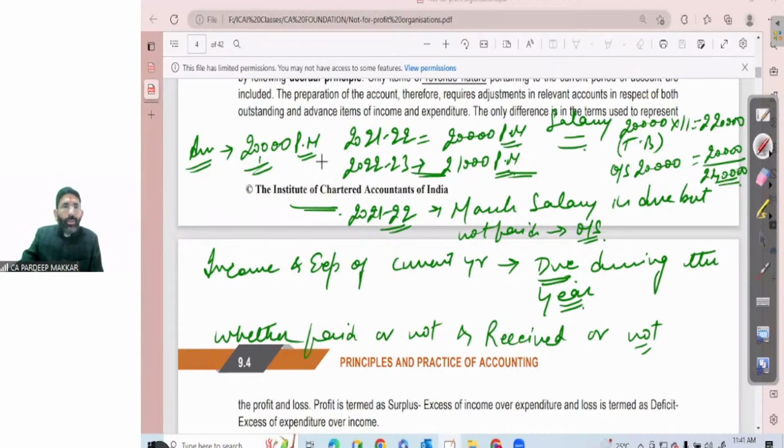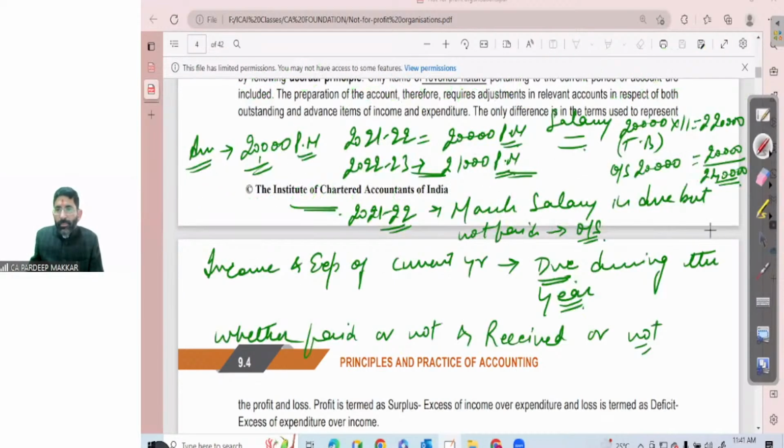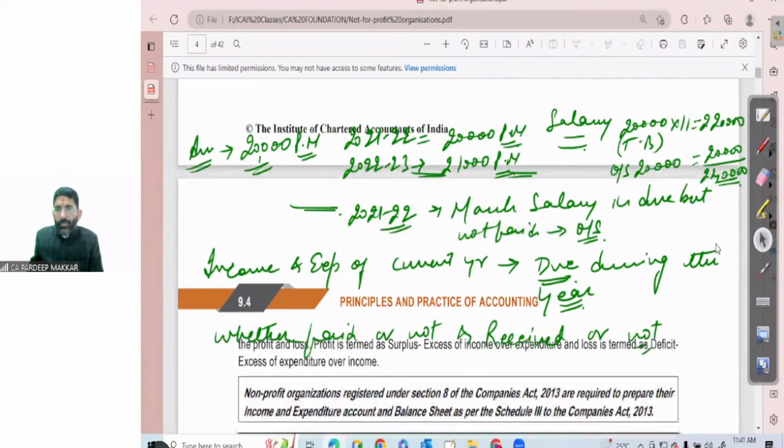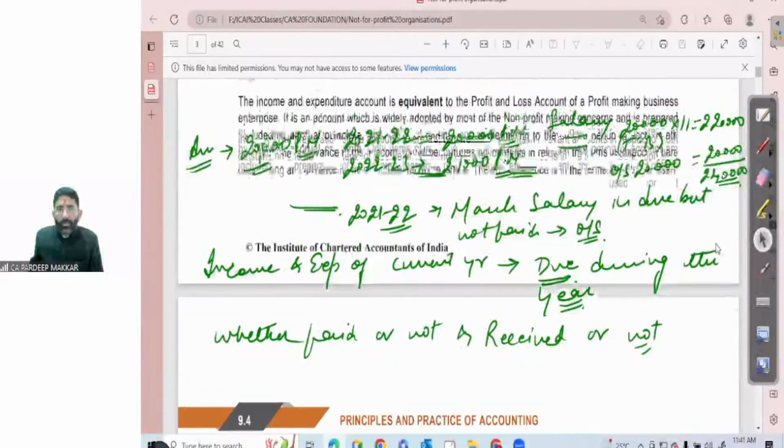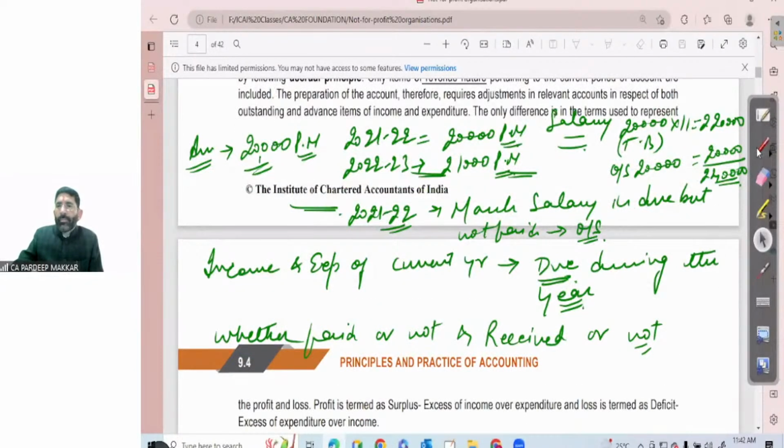Now in the next year, 22-23, what will happen? In 22-23, we have paid salaries worth rupees 20,000 for the previous year.